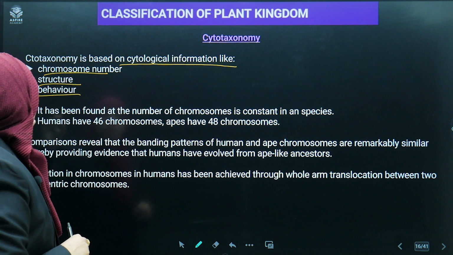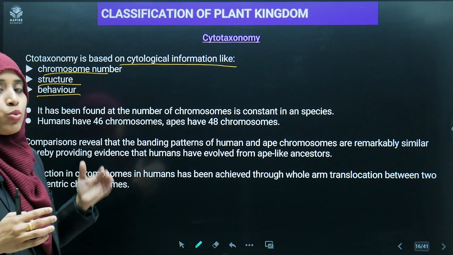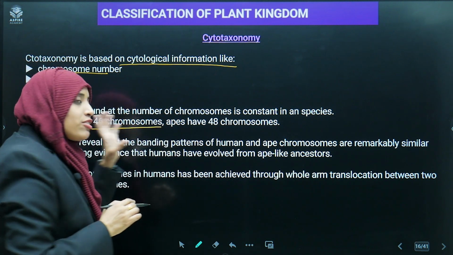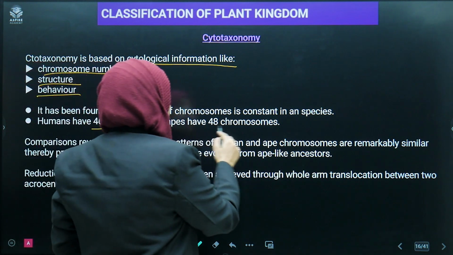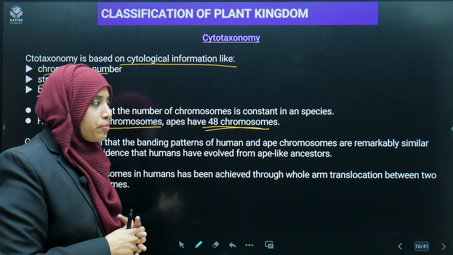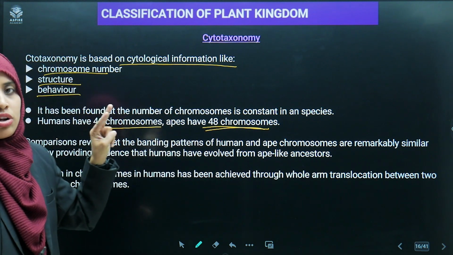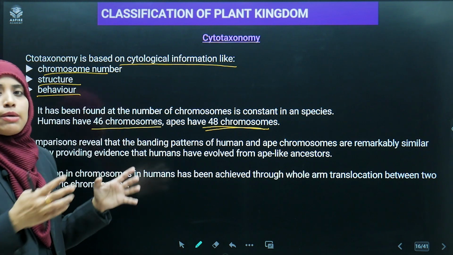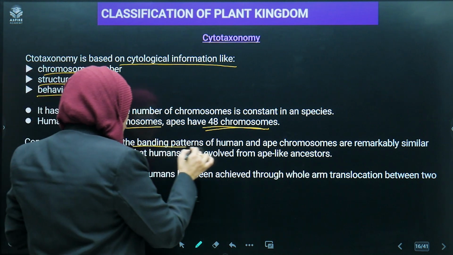It has been found that in human beings, Homo sapiens, the chromosome number is 46. So humans have 46 chromosomes, and the apes have a chromosome number of 48. So there is a difference of just 2 chromosomes. So if a human and an ape are compared, the comparison reveals banding patterns.